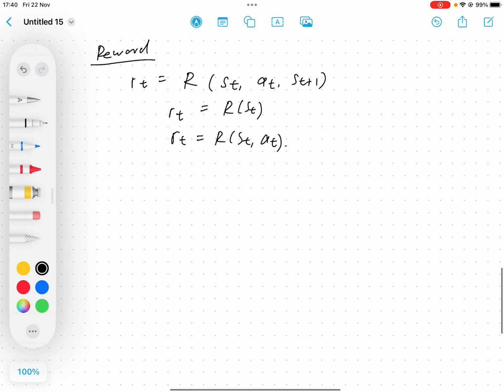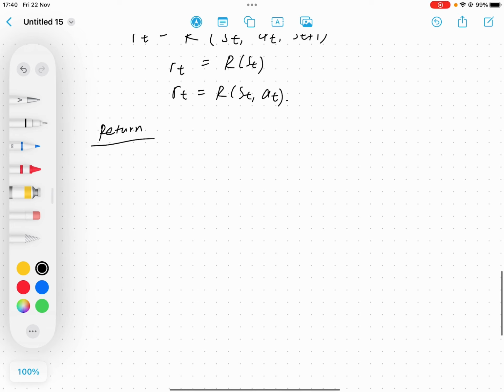So that's reward. And what is return? Return would be a combination of all those future rewards. For example, if it is a finite horizon and undiscounted return, it will be something like this.